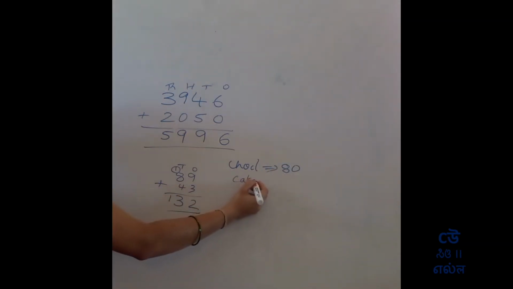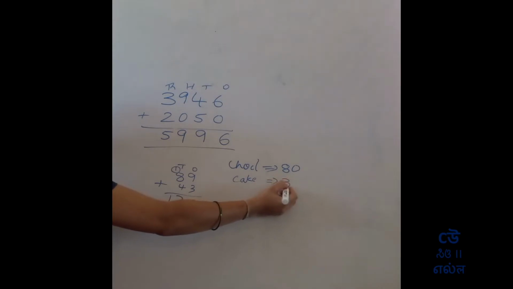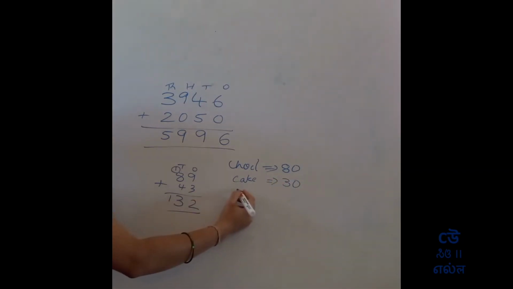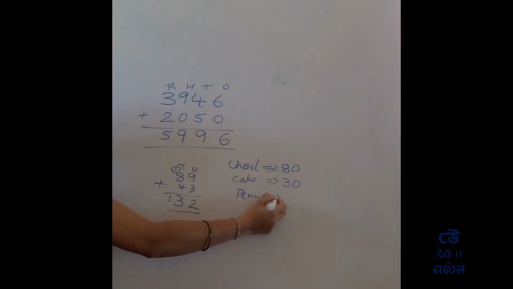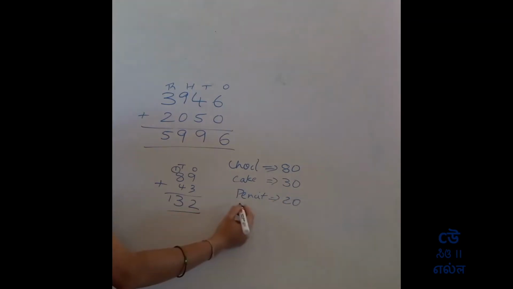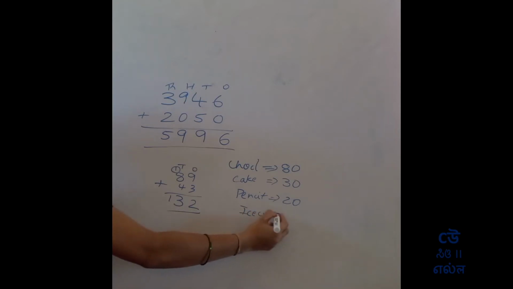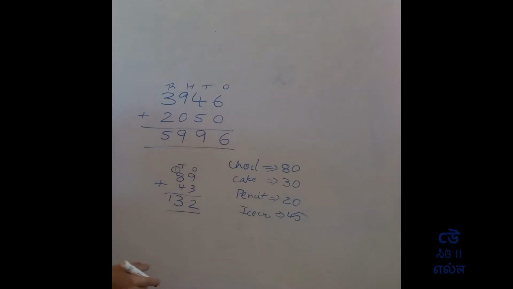Next, a cake you want to buy, it will be 30. Next, a pencil you want to buy, it will be 20. Next, an ice cream you want to buy, it will be 45, okay.